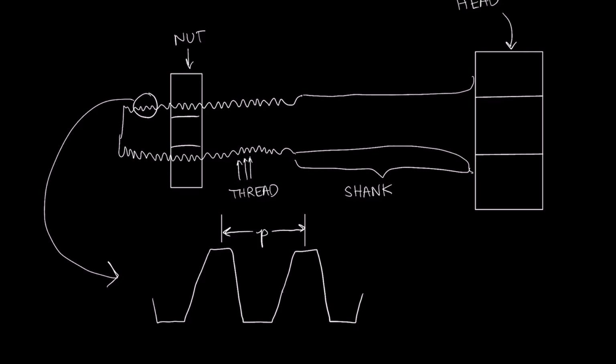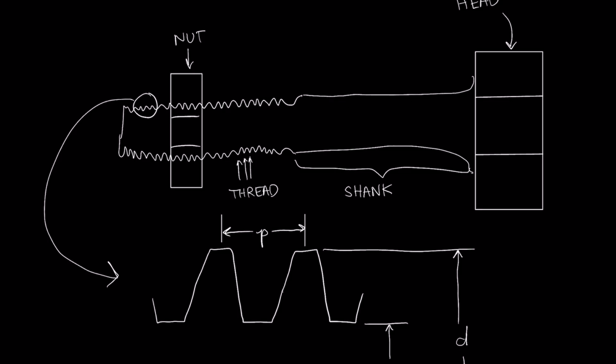The major diameter of a bolt is going to be the diameter to this outer section of a thread, to the outermost portion of a thread. The minor diameter is the smallest diameter of a fastener, so just up to the root of a thread.